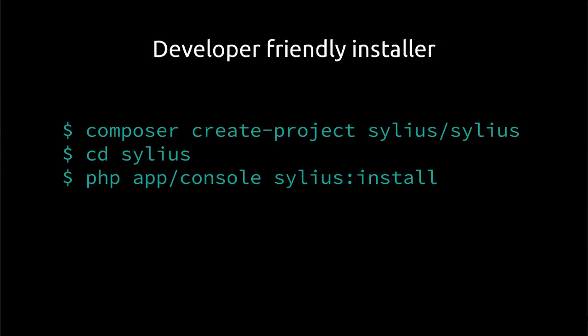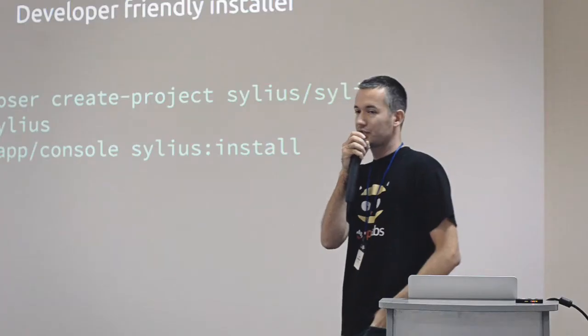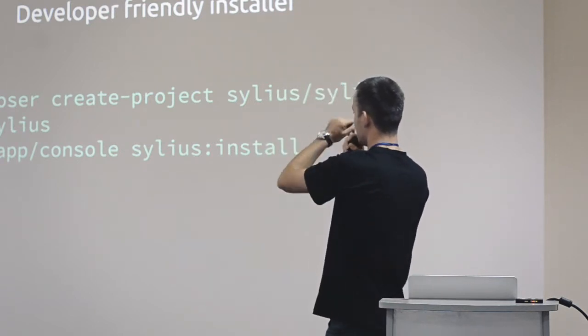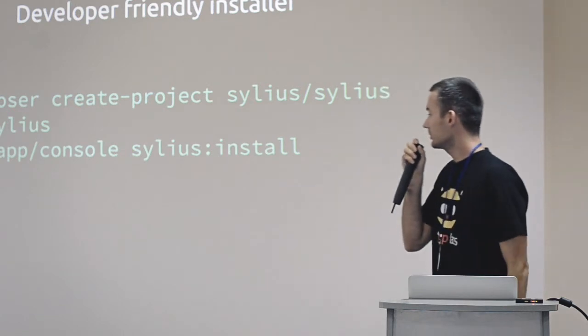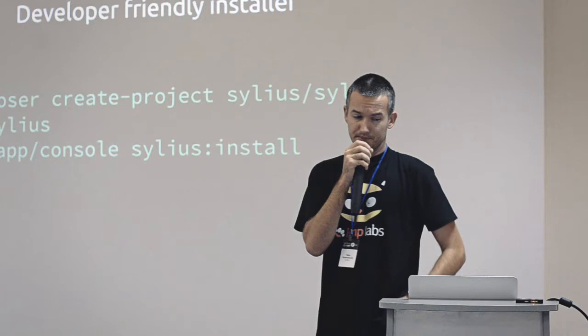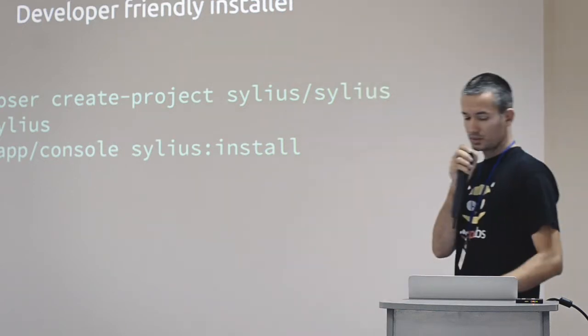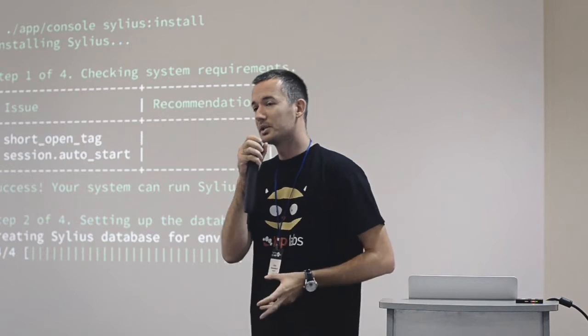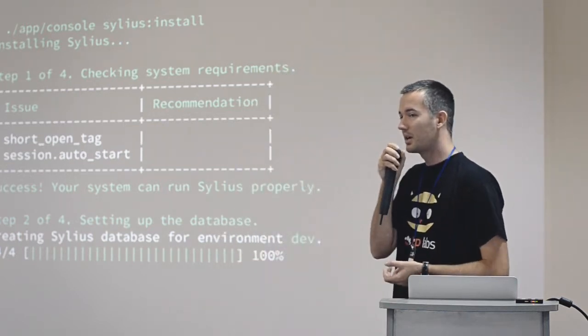If you want to play with it, contribute, or just check it out, you can use Composer create-project and then just run a command line installer. This installer will guide you through a few simple steps: it will check the system requirements, set up the database, and ask you about a few configuration parameters, and you will be all set up.